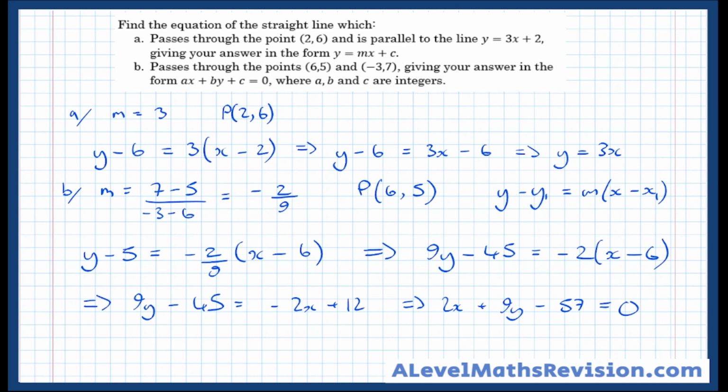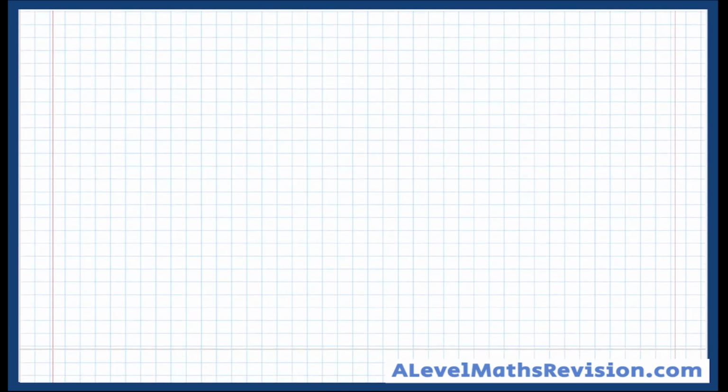So right now, let's move on to another example involving perpendicular lines. Two lines are described as being perpendicular if there's a right angle between them. So these two lines here, the blue one which has gradient m1 and the red one which has gradient m2, are perpendicular because, as we can see, there's a right angle between them.